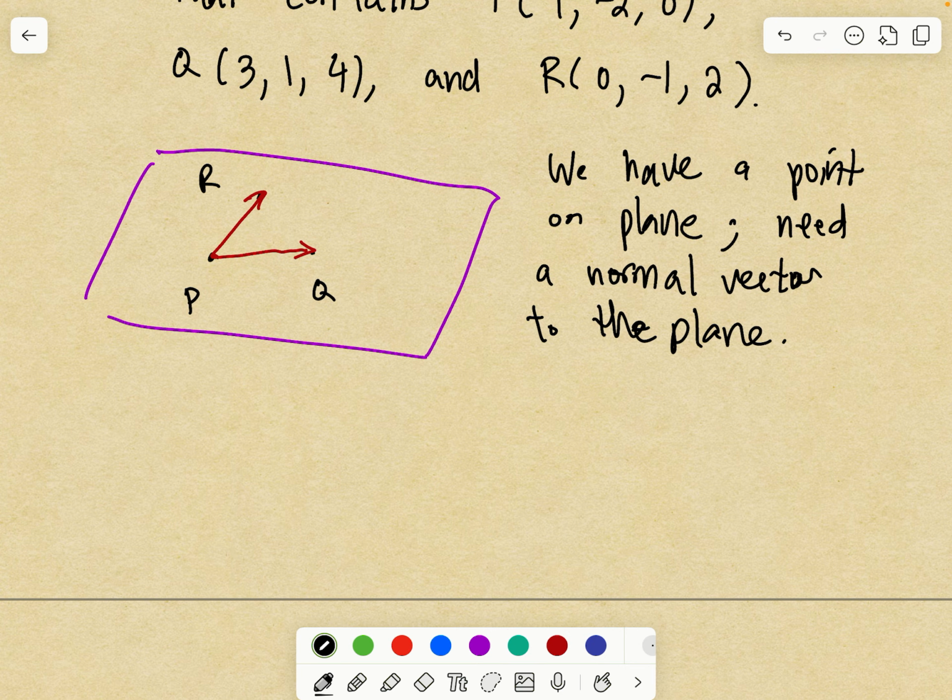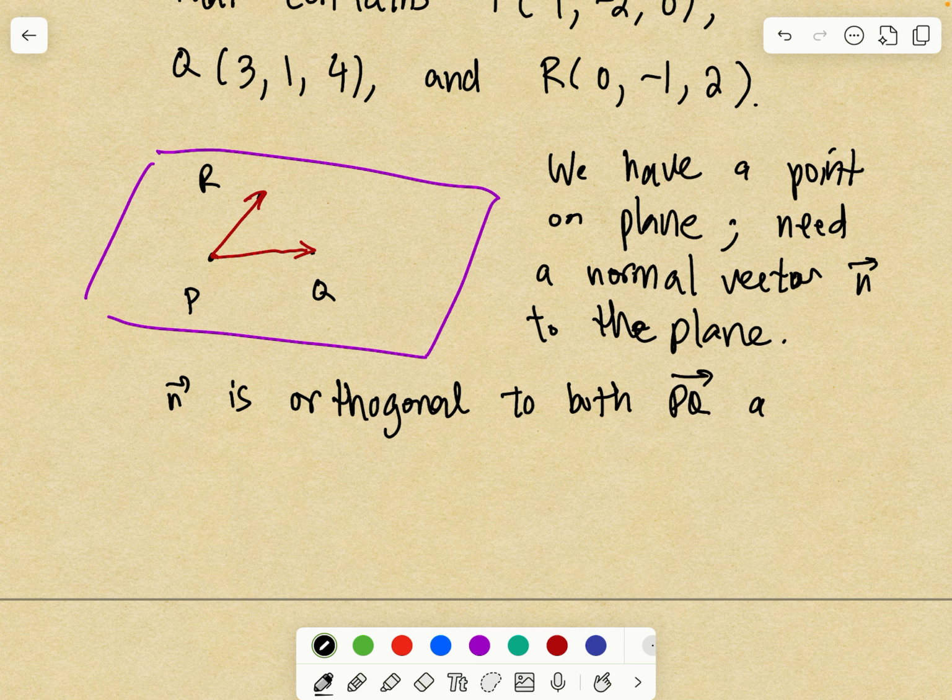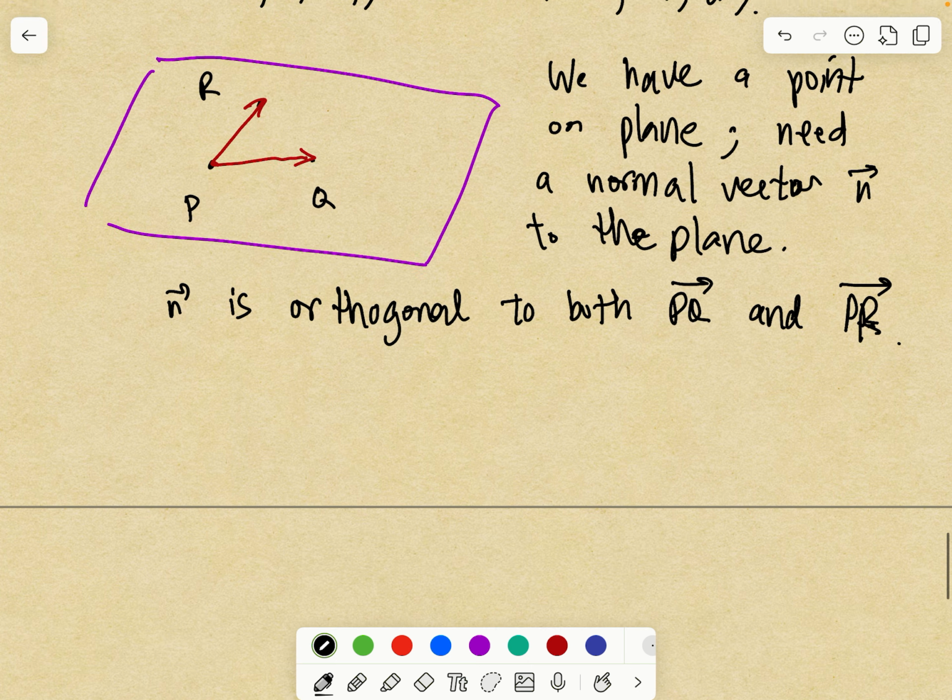The normal vector, let's call it n. We know that n is orthogonal to both PQ and PR. How can we find a vector that's orthogonal to PQ and PR? If you have 2 vectors, what can you do? You can take the cross product, right?